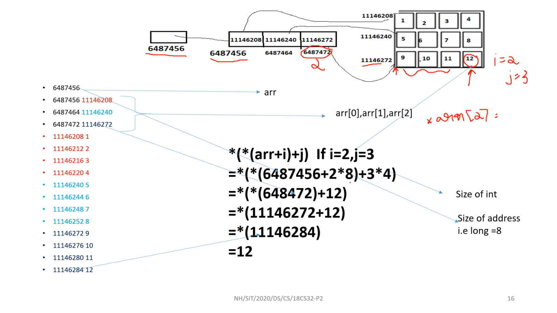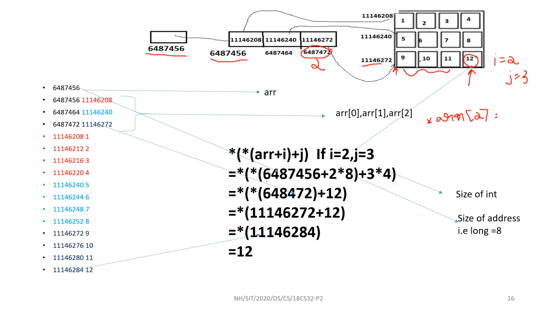Why is 8 added here? Because this is long type data. The addresses in these locations are long, not 4, it is 8. As it is a pointer, this will hold the address. Address size is long, that is why 8 is multiplied. You can see 56 plus 8, 64 plus 8, 72.